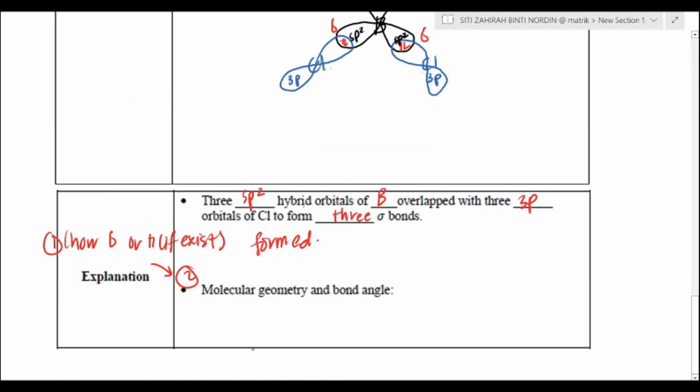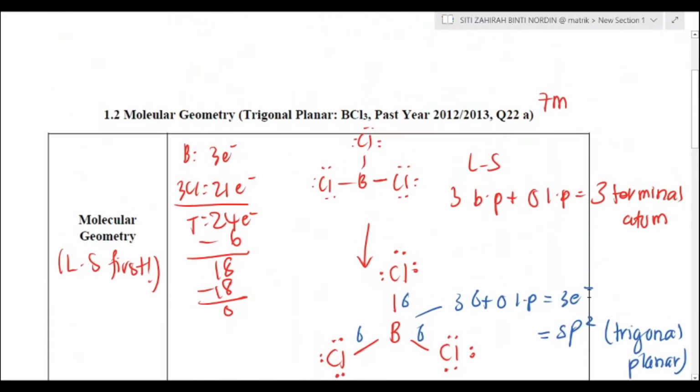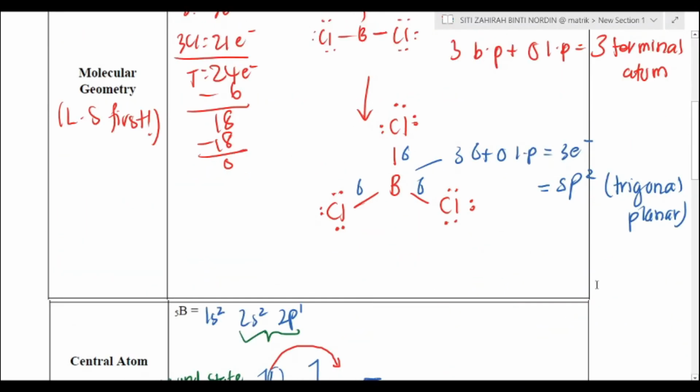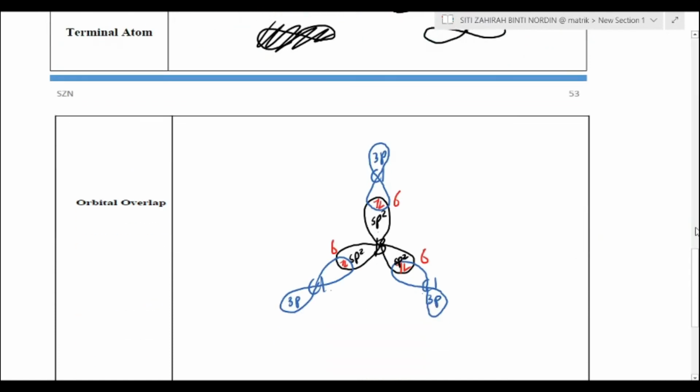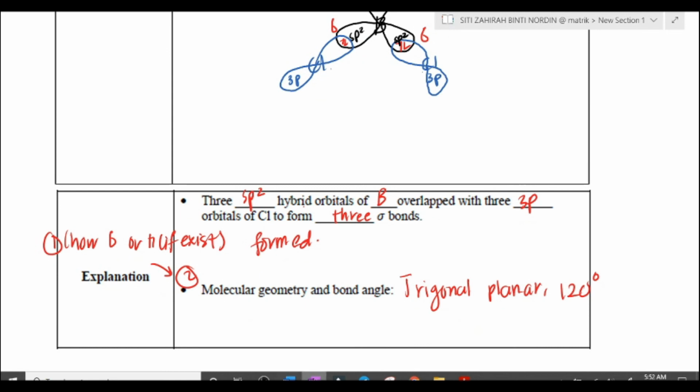So the molecular geometry is trigonal planar and the bond angle is 120 degrees. For the 7 marks, you can see it in the notes in the TC. Remember class, this is just the basic structure. I want you to understand this first, and then we carry on with the later structures, which are much more difficult and more complex. Okay, so that's all for me.